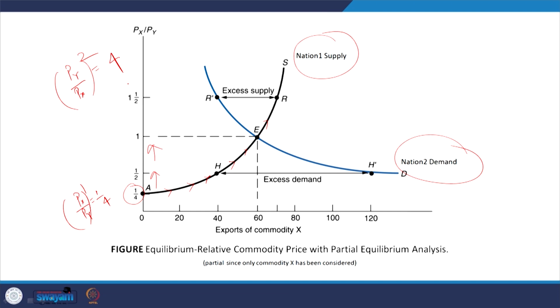Given this 4, the supply curve starts at a point where demand by country 2 for country 1's product is very near 0, and it starts from an infinite point.